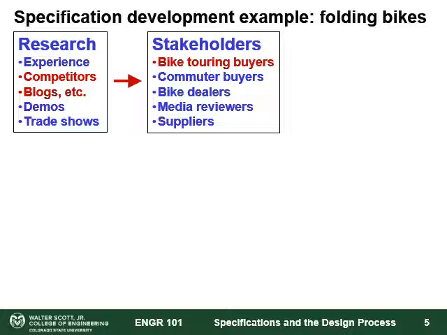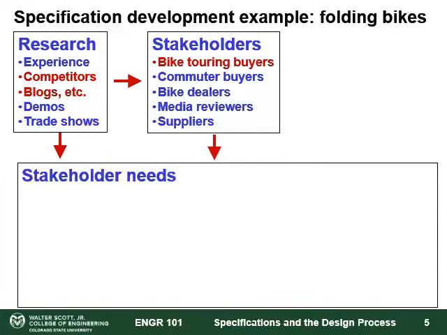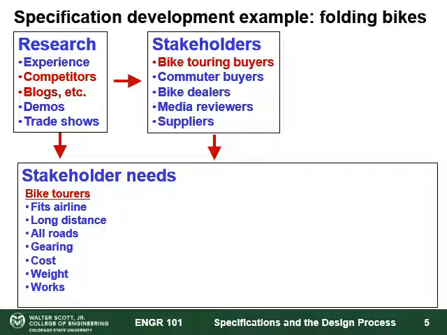So all of those pieces of research, as well as having a clear idea of who my stakeholders are that I consider to be most important, have allowed me to develop a list of stakeholder needs. For this category of bike tours, it is the 7 that I have listed here.